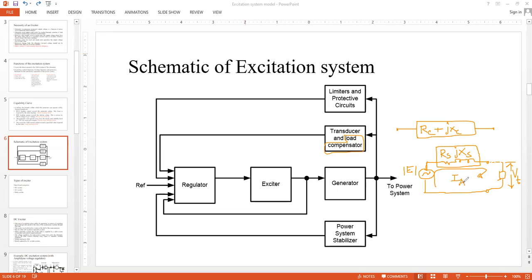At this point, should there be any difference between E and VT, or would they be exactly the same? Of course, E is a phasor, so it has, let's say, angle delta, and let's say VT is at angle 0. IA is also a phasor. So the question is, will there be any difference between E phasor and VT phasor under loaded condition?